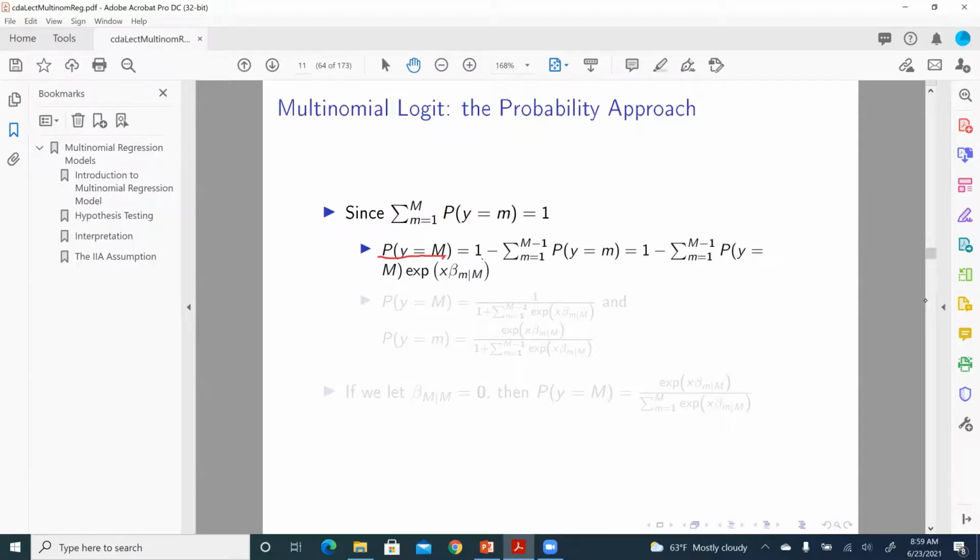It is 1 minus the summation of all the individual probabilities except the probability y equal to capital M. Then we continue: we retain this 1. What about these individual probabilities? In the last slide, we just talked about that. Each individual probability turns out to be equal to the probability y equal to capital M multiplied by the natural exponential function of x beta lowercase m versus capital M.